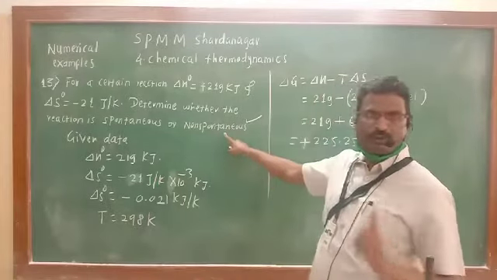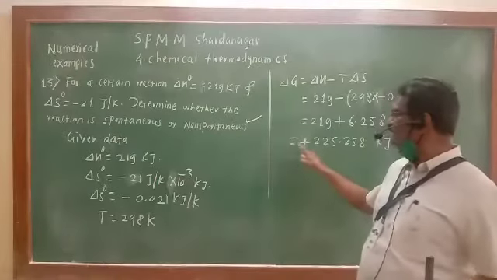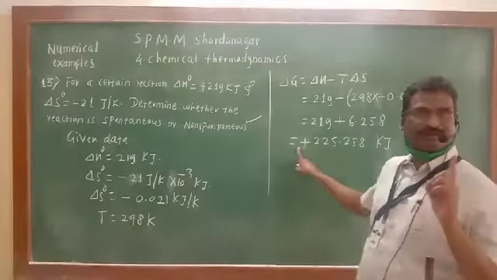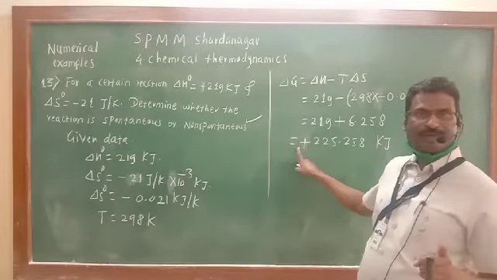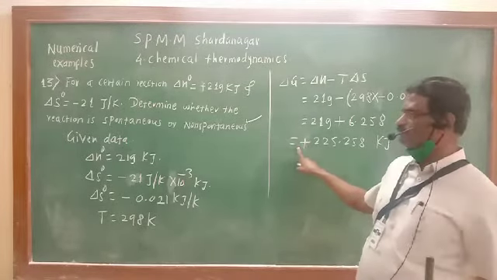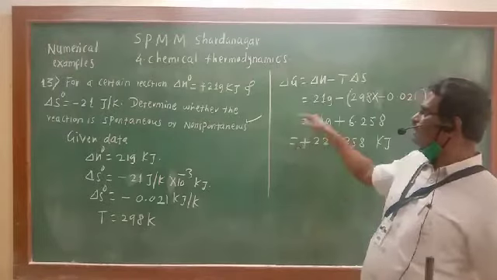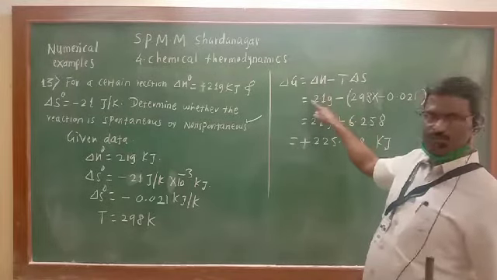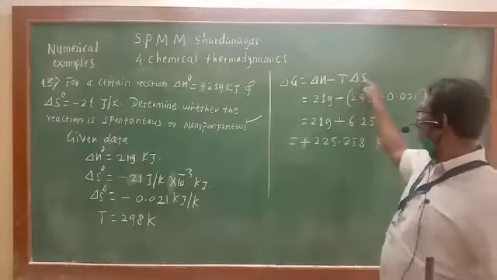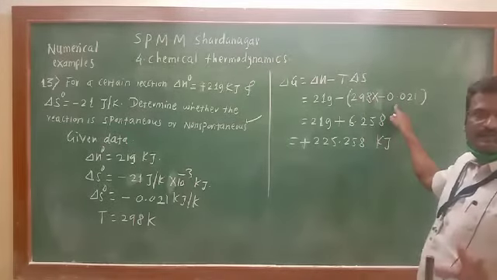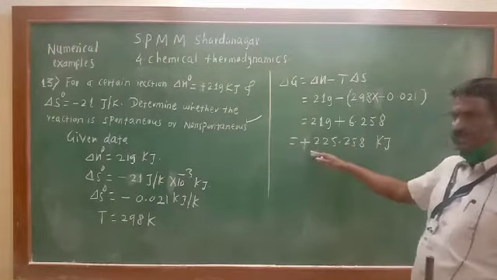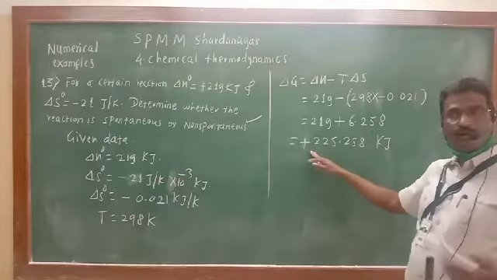non-spontaneous. We know that as delta G is positive, the process is non-spontaneous at all temperature, because delta H is positive, non-spontaneous, delta S negative, non-spontaneous, and we are getting delta G also positive, therefore non-spontaneous.